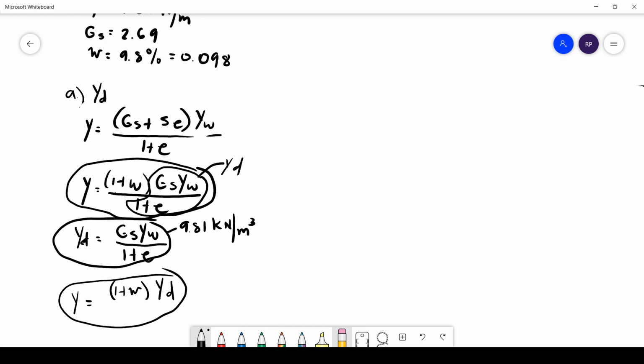And if you look at that equation, kompleto na lahat yung given natin. We have the moist unit weight, which is 19.2 kilonewton per cubic meter, and the moisture content, which is 9.8% or 0.098.